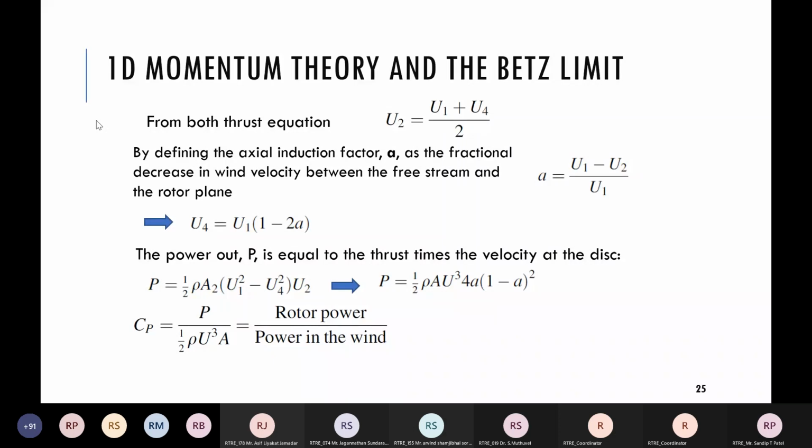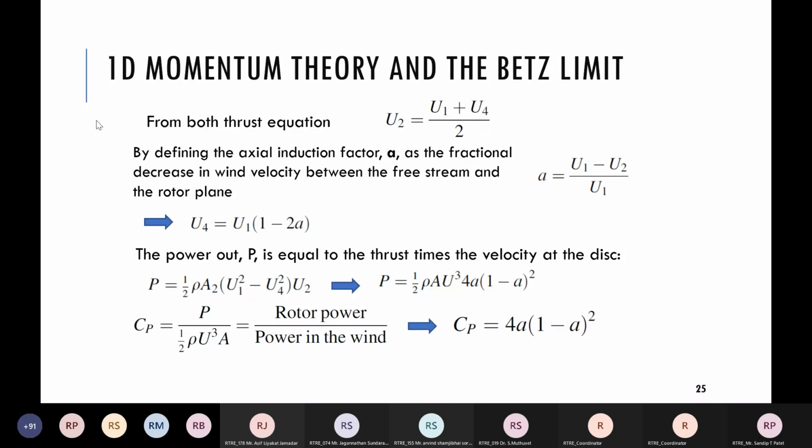Power in wind, as we know, is 1/2 rho A U cube, and the rotor power we have derived. So the expression for CP for an ideal rotor is 4A multiplied by (1 minus A) raised to 2. Now we want to find out maximum CP.